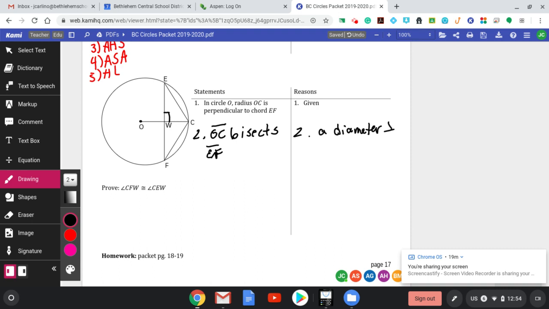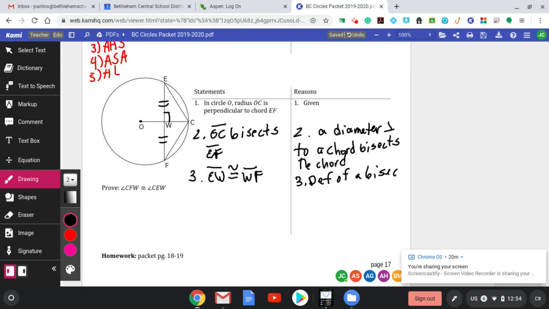A diameter perpendicular to a chord bisects the chord. Okay? And what do we know about a bisector? Cuts a piece in half, right? So we know that EW is congruent to WF. Definition of a bisector.